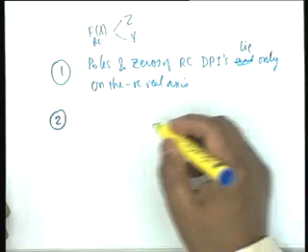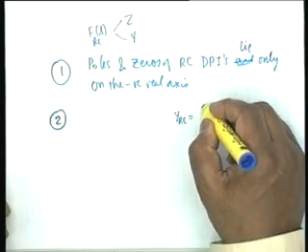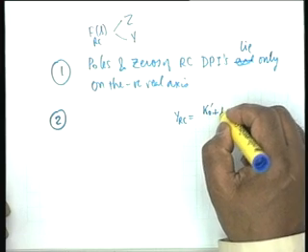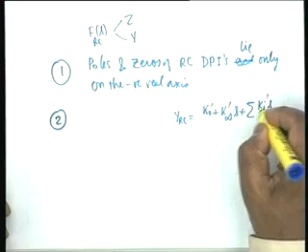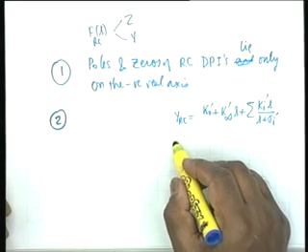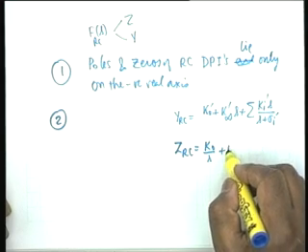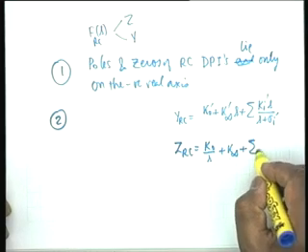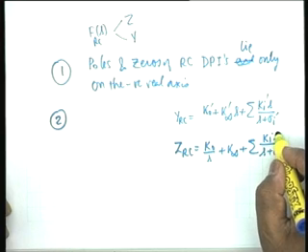I get by looking at the expressions for YRC, which is K0 prime plus K infinity prime s plus summation Ki prime s divided by s plus sigma i prime, and ZRC, that is K0 by s plus K infinity plus summation Ki divided by s plus sigma i, no s.